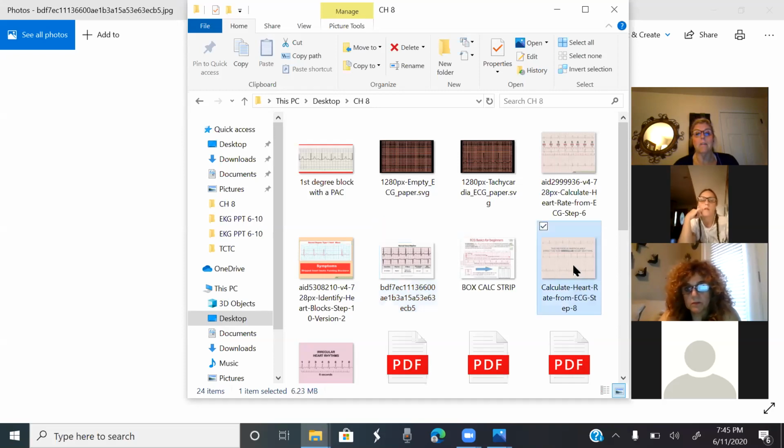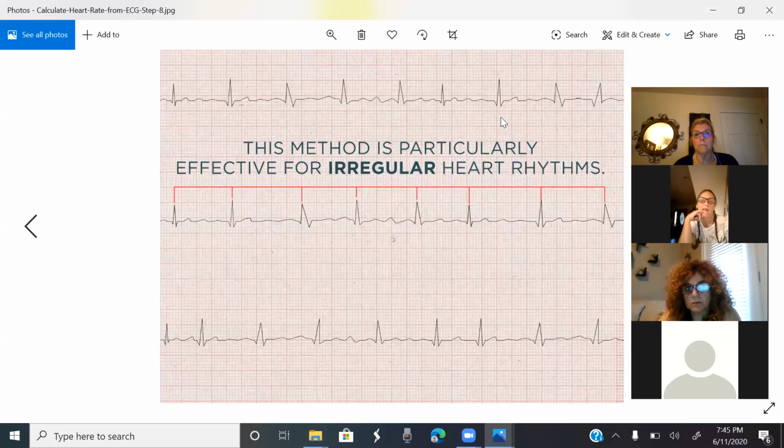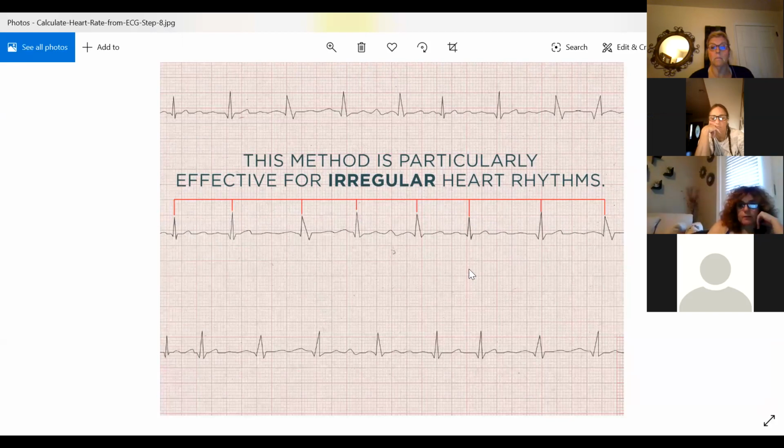Let's go back to this. Okay, can y'all see this one? The ones that are regular? Okay, so first of all, we're going to ask ourselves, what's the rate? What is the only way we can determine that if this is irregular? A 6 second strip, right?